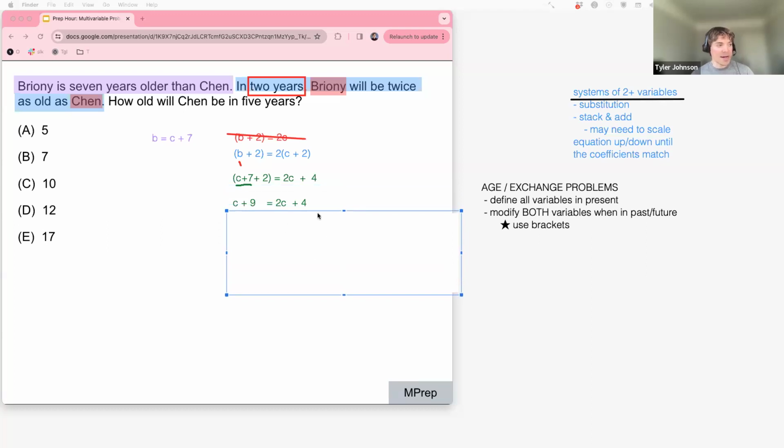Now I'm going to start combining like terms. And you should get that Chen is 5 years old right now. But before you go selecting A5, make sure you identify the ultimate question we're being asked. We're looking for Chen's age 5 years from now. So Chen's 5 currently, they're going to be 10 5 years in the future.